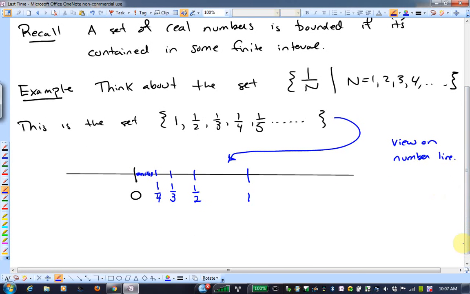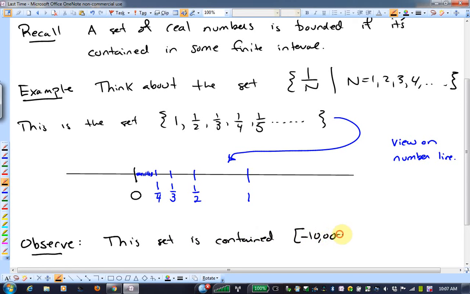Okay, the first thing is, just observe this is contained in the interval from minus 10,000 to 10,000. So it's bounded.